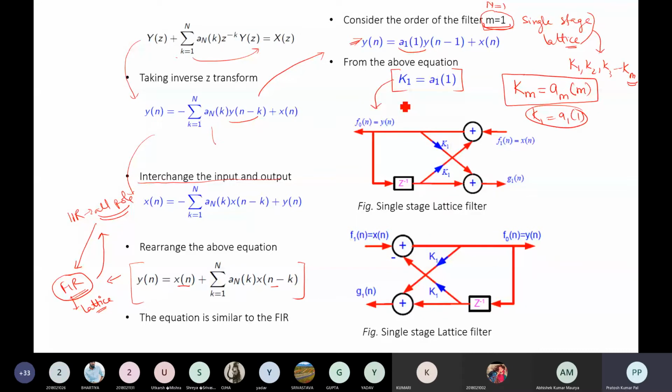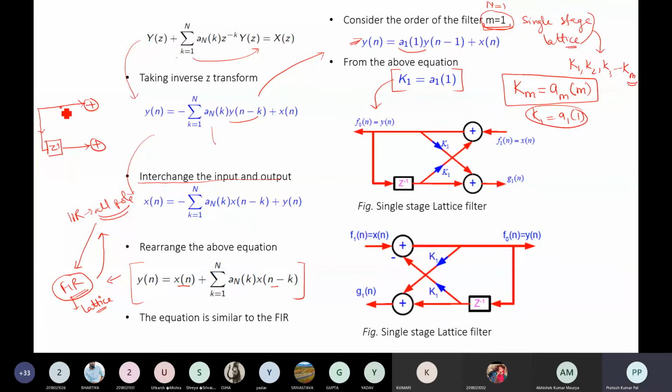So in the FIR system, we have seen the lattice is realized by one delay element, along with two adders. The adder will have two outputs, that is f1 and g1, and from there will be a cross multiplication. Just for simplification, we will draw it here. One delay element will be there, two adders will be there, and this will be coming out here.